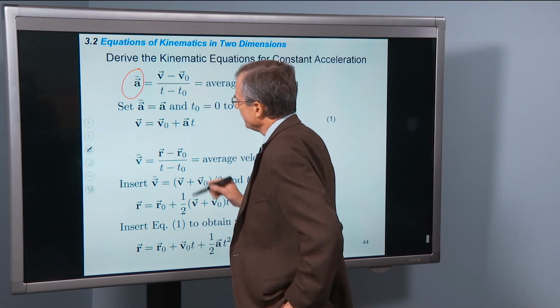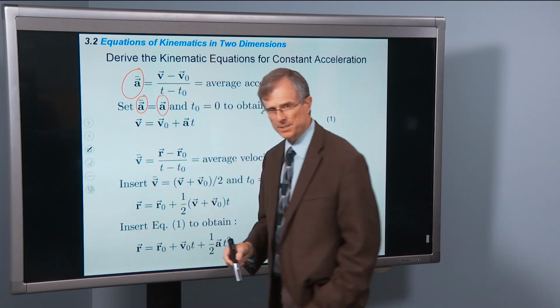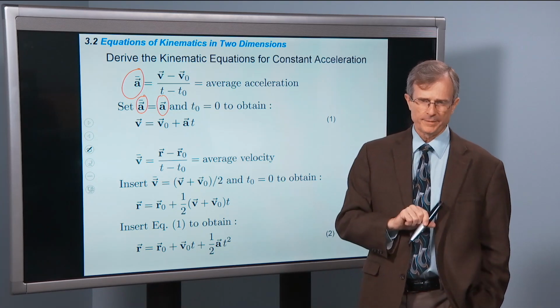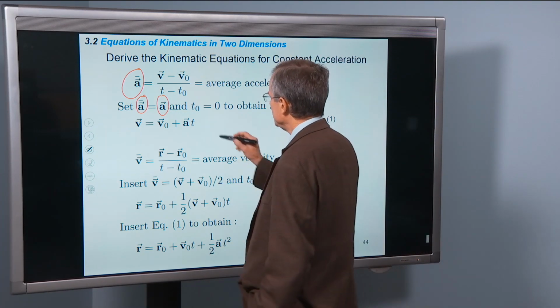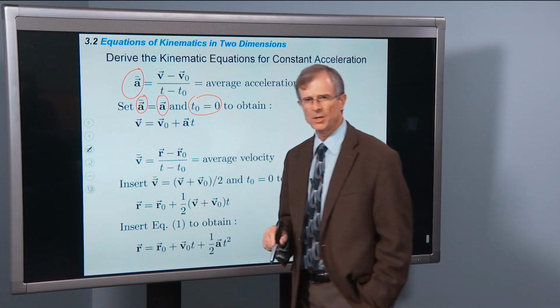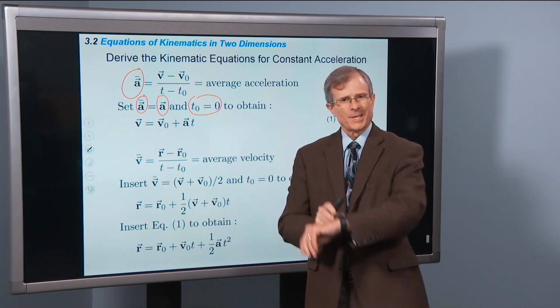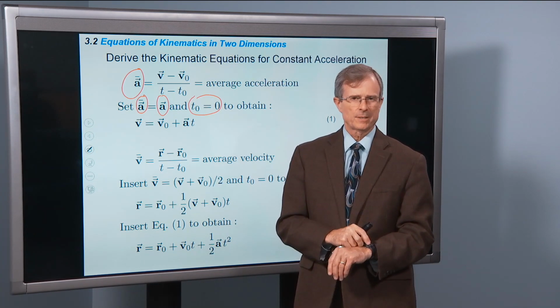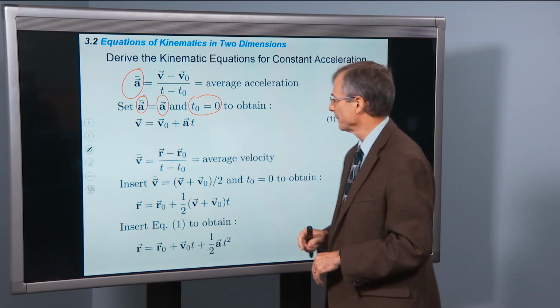If we say that the average acceleration is equal to the instantaneous acceleration, as it will be if the acceleration is constant, and if we set t naught equal to 0. This is a special case also. This is the case in which you're starting your stopwatch at the initial event. The initial event happens when you start your stopwatch from 0.